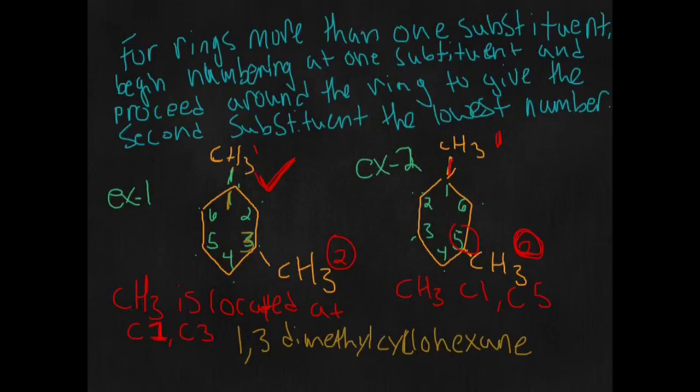The di is because there are 2 of the CH3s, and then the methyl is because there are no other connected groups to it. And then cyclohexane for the six-carbon ring. This one over here would be written the same way, but with a 5 instead. And we know that's already wrong because we need the lowest number.